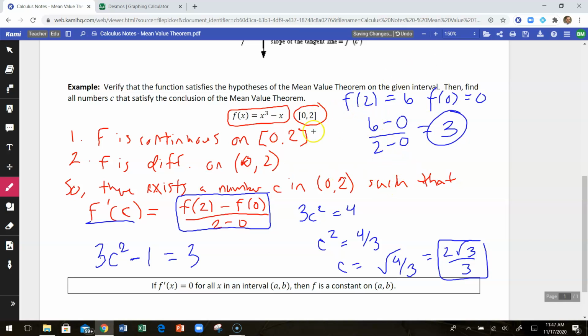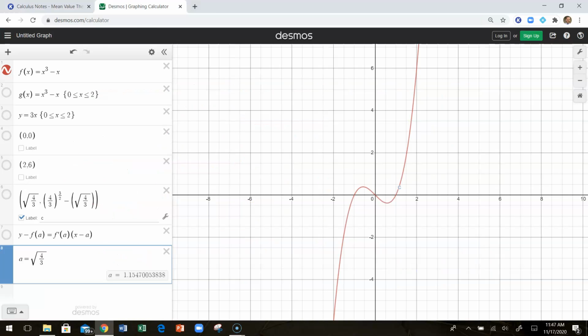Okay, so let's look at what that looks like in terms of the actual graph to help make sense of that. So I have the function graph, f of x equals x cubed minus x. We want to look specifically over the interval from 0 to 2. That's the blue part here, the part that we're looking at.